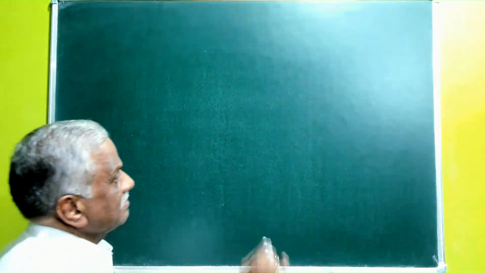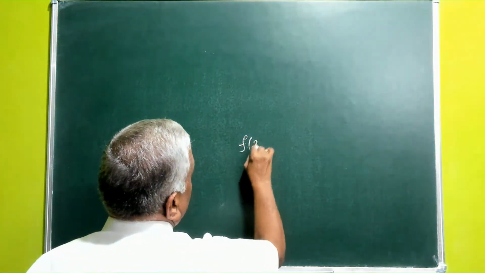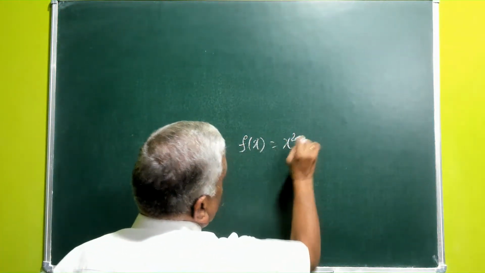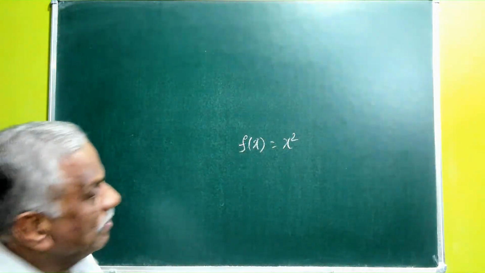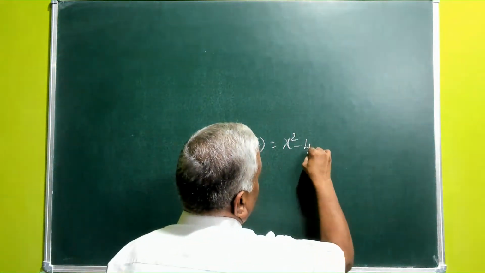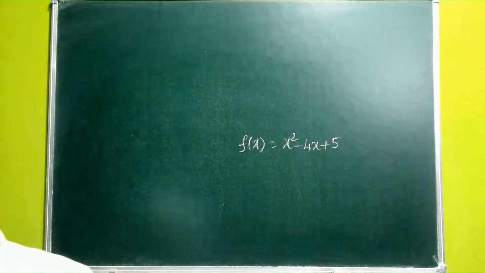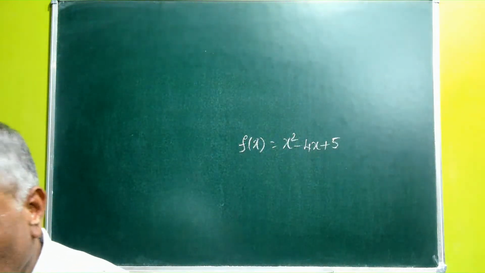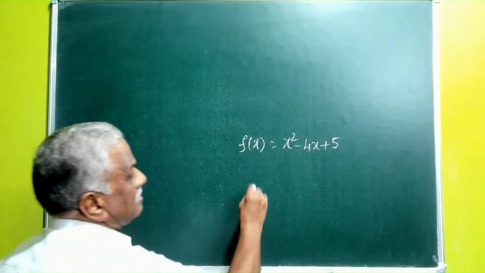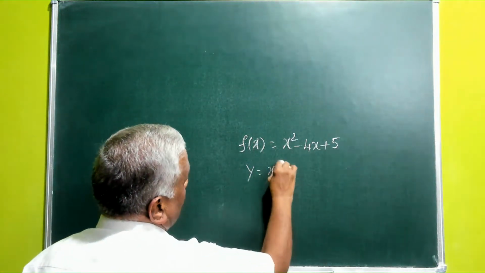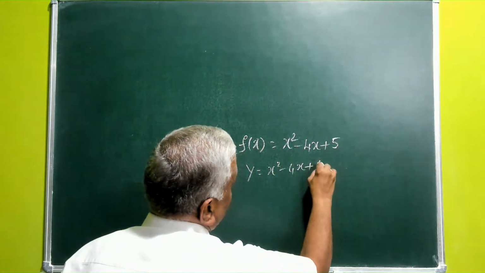For example, one more problem they have given. Find the range of the function f of x equals x square minus 4x plus 5. So what you can do is, you can call this y. y is equal to x square minus 4x plus 5.